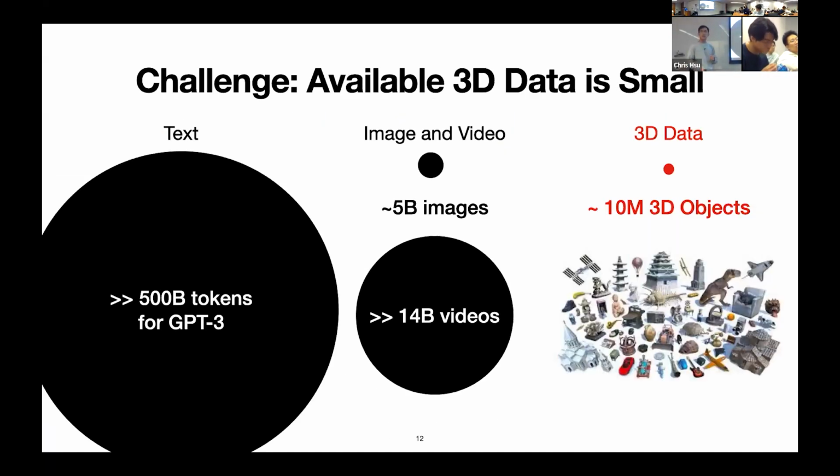First, we do not have that many 3D data. So on the left, I show how much data people use in order to do the pre-training for foundation models in vision and language. But on the right-hand side, I show that the existing largest data set in 3D contains about 10 million shapes, which is like drops in the ocean compared to all the data in the internet.